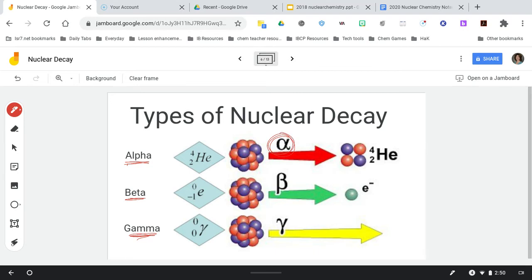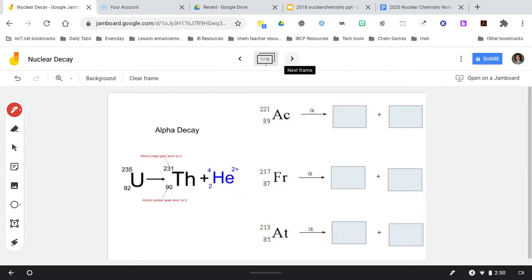An alpha particle will also be represented by the element symbol for helium, because as we're going to look at here, an alpha particle is a helium nucleus. So helium is element number 2. Here's an example of one way you can write an alpha particle. Helium nuclei have 2 protons.